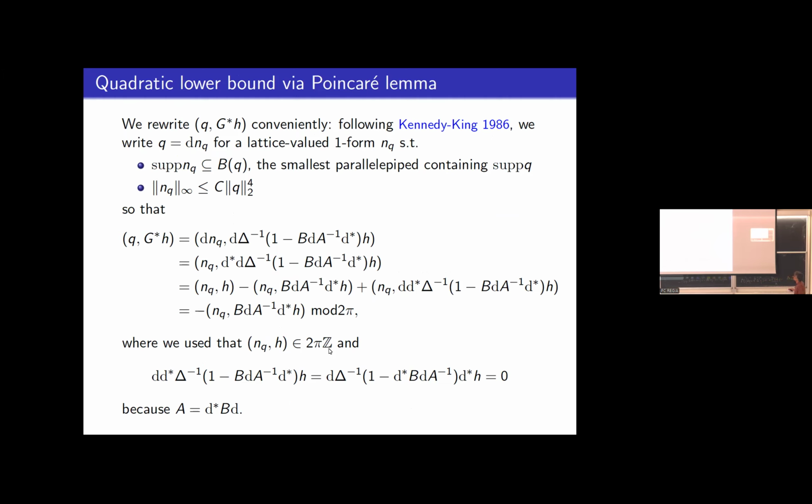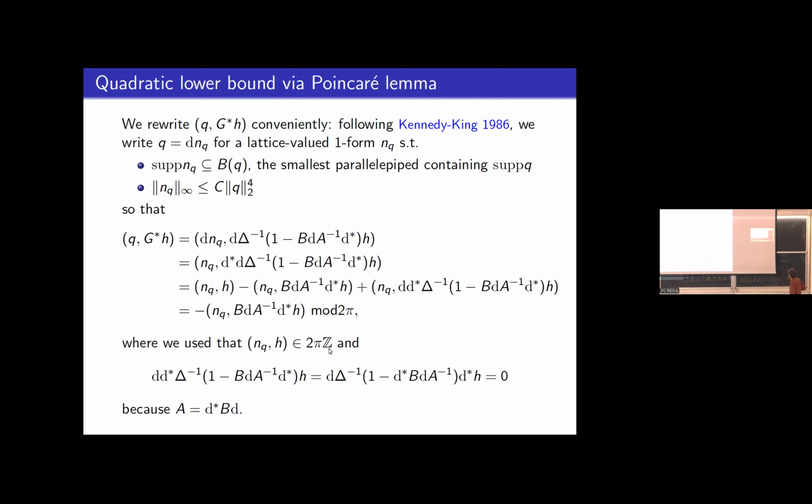It is a sort of constructive version of Poincaré lemma. So we know that Q is a lattice 2 form, such that it is closed. So as usual, if it's closed, it's exact.